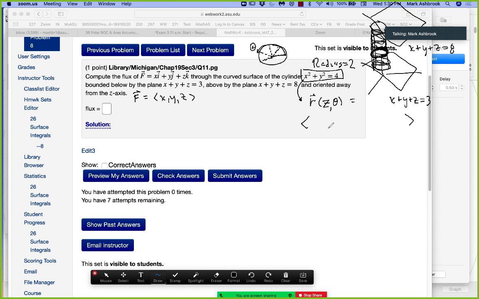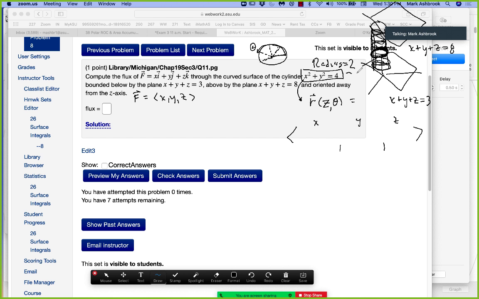Okay, so we want to write all points on the surface, x, y, and z, in terms of z and theta. So what are the x and y coordinates on these circles? 2 cosine theta, 2 sine theta.